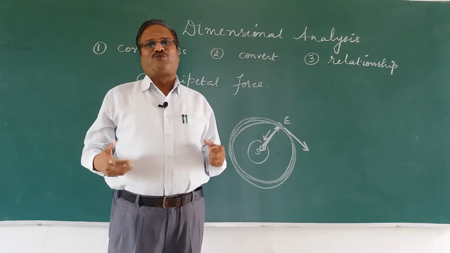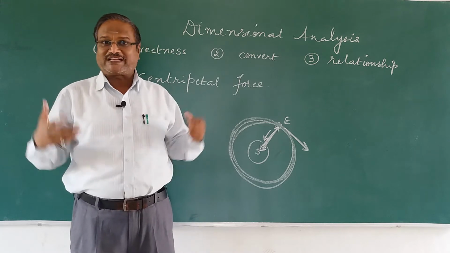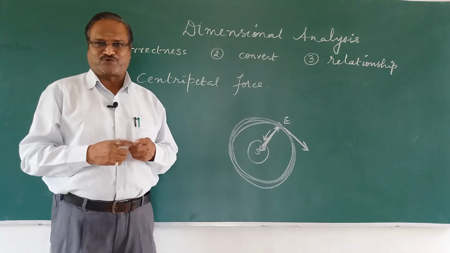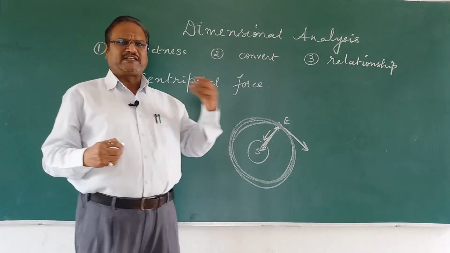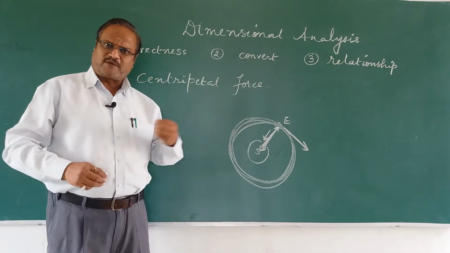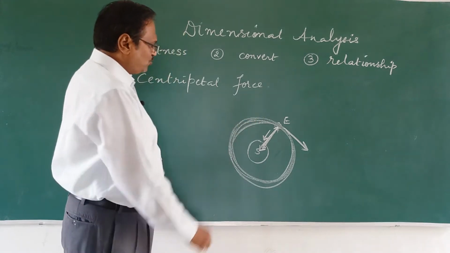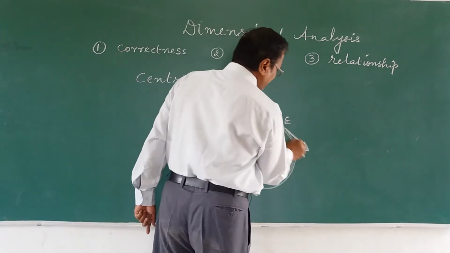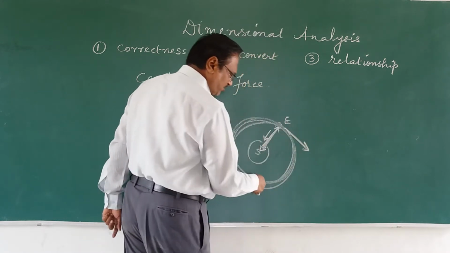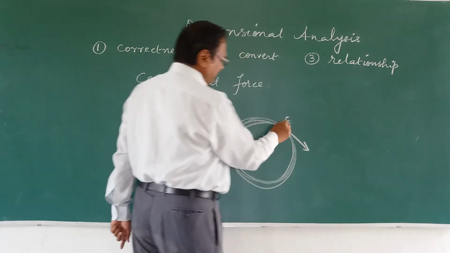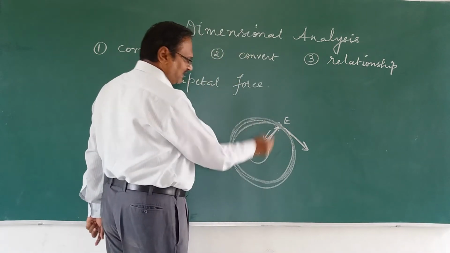The force acting towards the center we call centripetal force. You get my point? Later we will discuss this in more detail when you come to rigid bodies and circular motion. The centripetal force and the force due to circular motion compensate each other. That's why the earth is not falling into the sun.